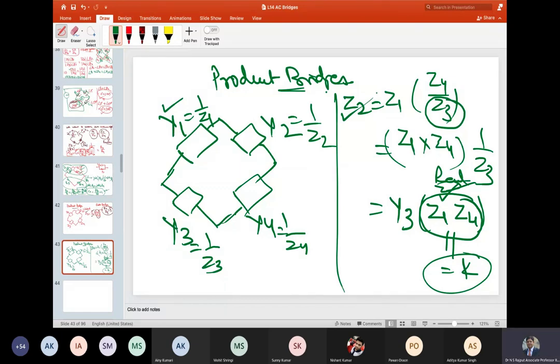And this is how it turns out to be very easy, simply to multiply the real component with the constant, angle component with the constant, right? So we have ratio bridges, we have product bridges, right? Both types of bridges we use.